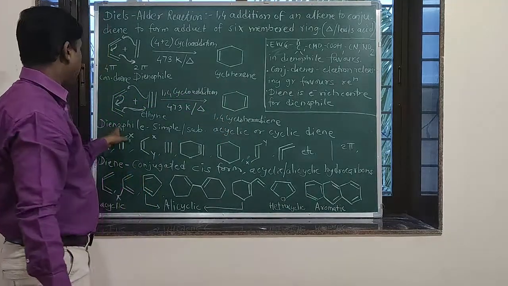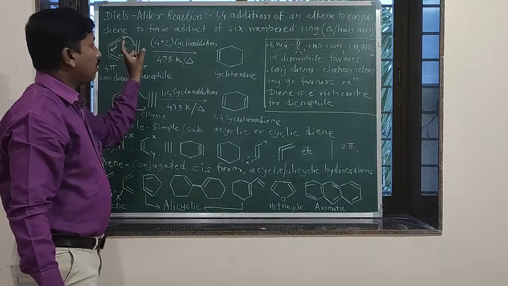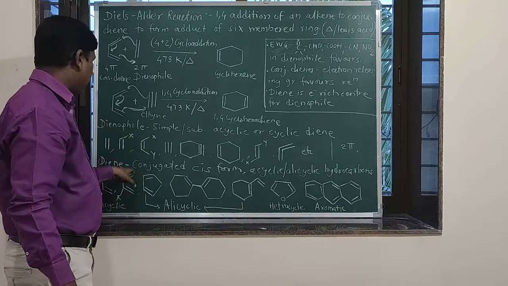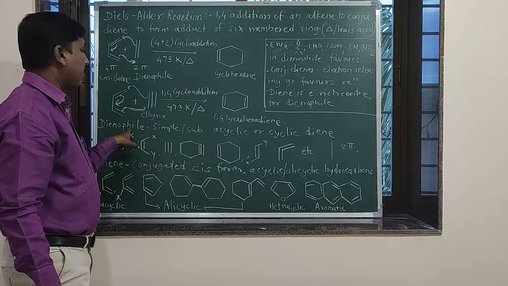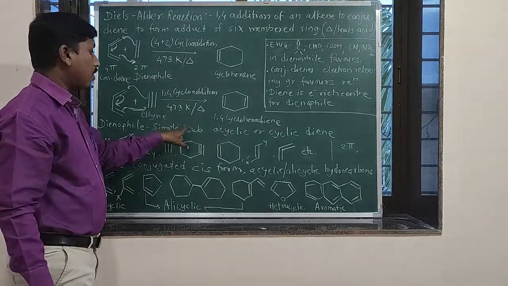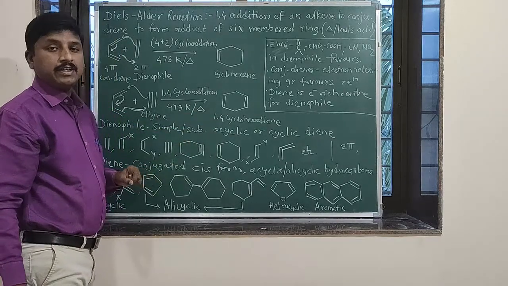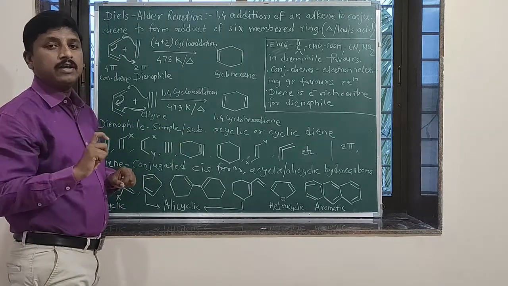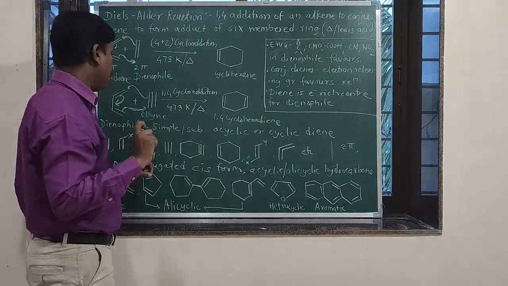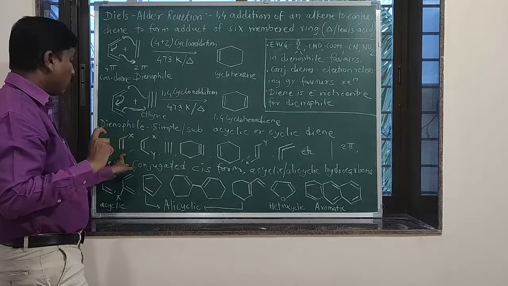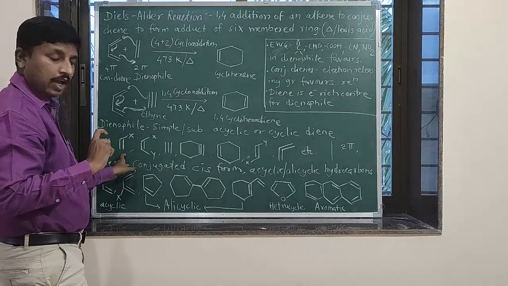In the Diels-Alder reaction, two compounds are very important: one is the dienophile and another is the diene. What is a dienophile? The simple or substituted acyclic or cyclic alkene is called a dienophile in the Diels-Alder reaction. So this is ethylene or ethene. This is monosubstituted ethylene.